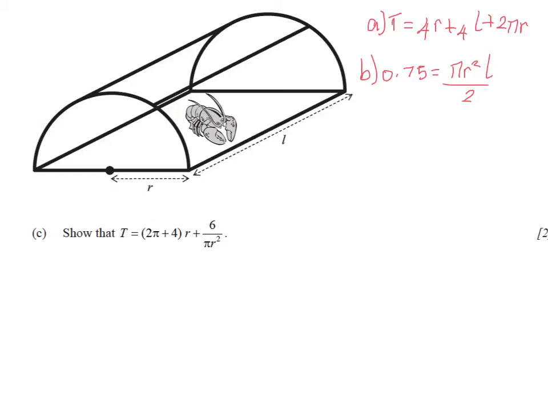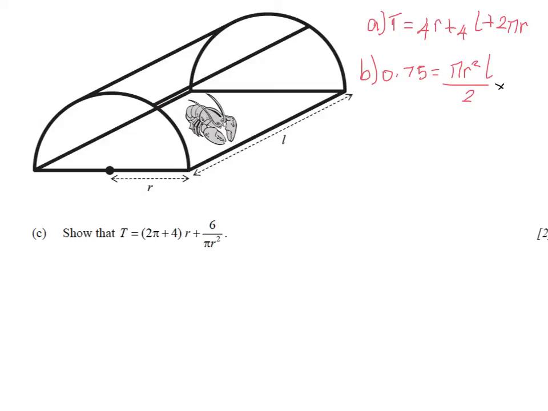All right. So we have 0.75 equals pi r squared L over 2. If I multiply 2 by both sides, let me use a different color so we can see it happen.